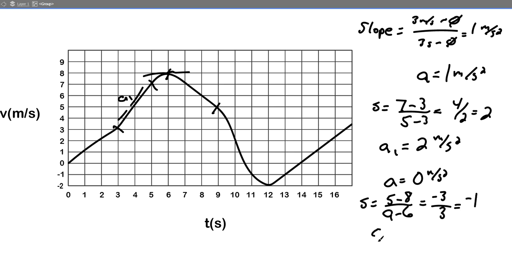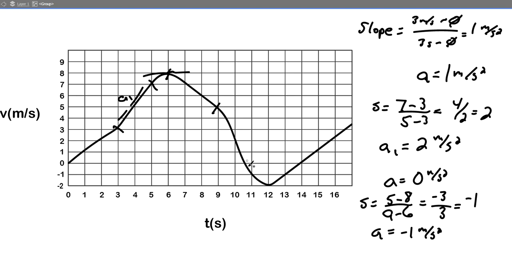Our acceleration over that time is negative 1 meters per second squared. Now you'll hear people say it's decelerating. Well, in physics there's only acceleration. It can be positive or negative.